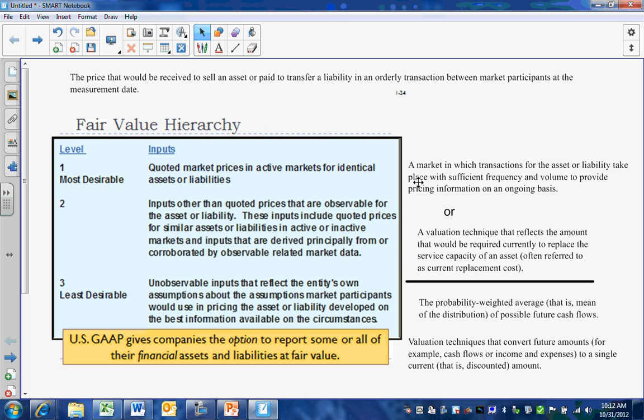And an active market is defined as a market in which transactions for the asset or liability take place with a great amount of frequency and volume that allows us to have a set market value. And the best example of this would be for stocks and bonds traded on the New York Stock Exchange, for commodities traded on the Chicago Board of Trade.